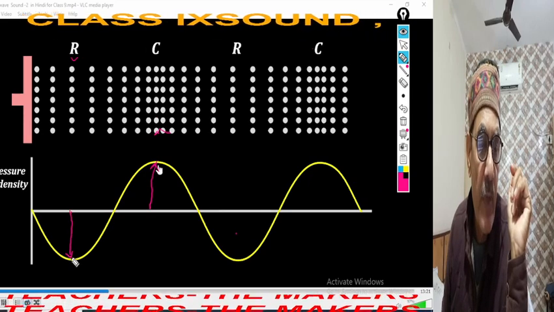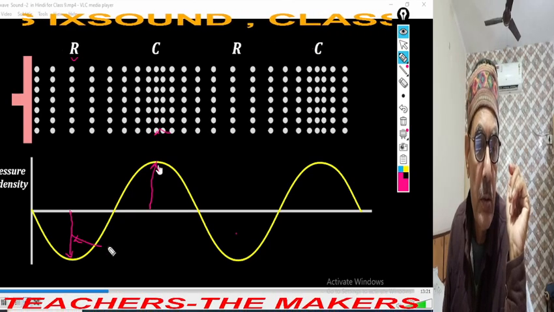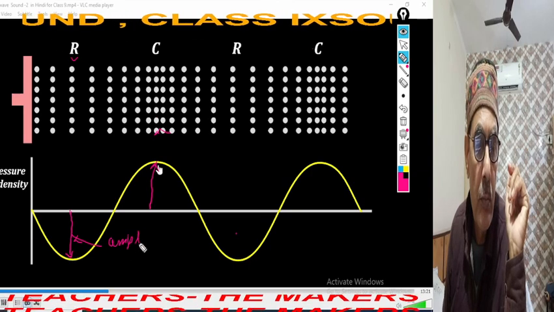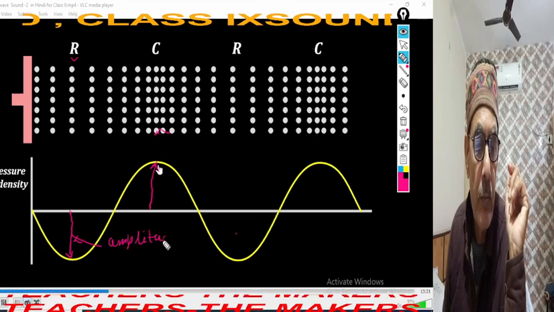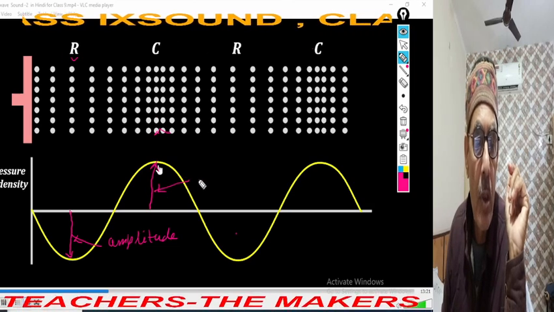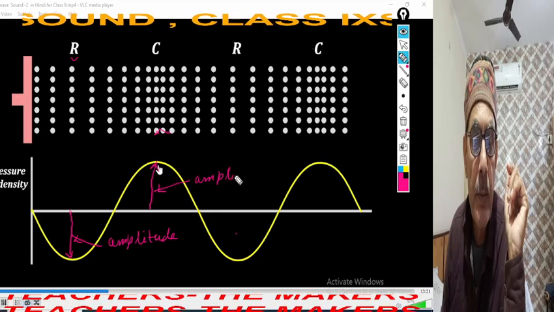This distance from here to here is called amplitude. It is maximum displacement.